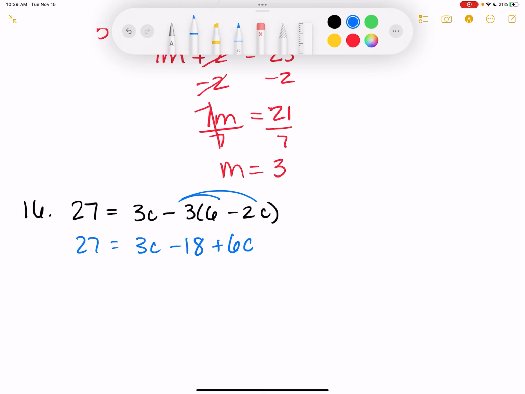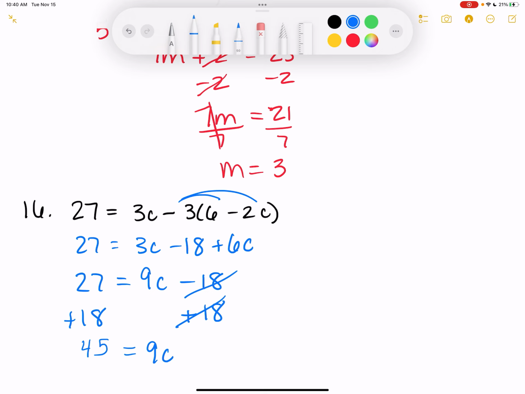Combine like terms. And what does that give you? 9c minus 18. Then what? And then we add 18. So 27 plus 18 is 45.